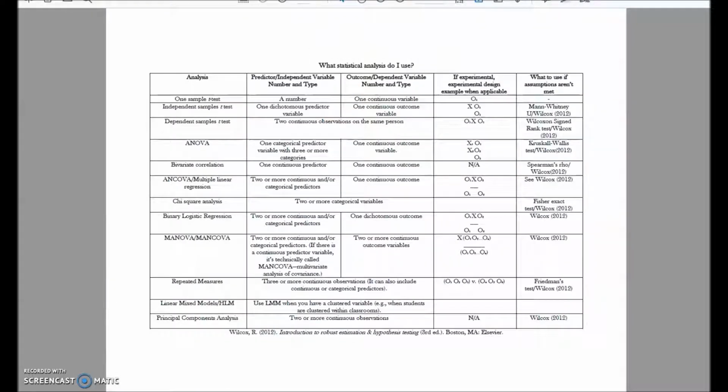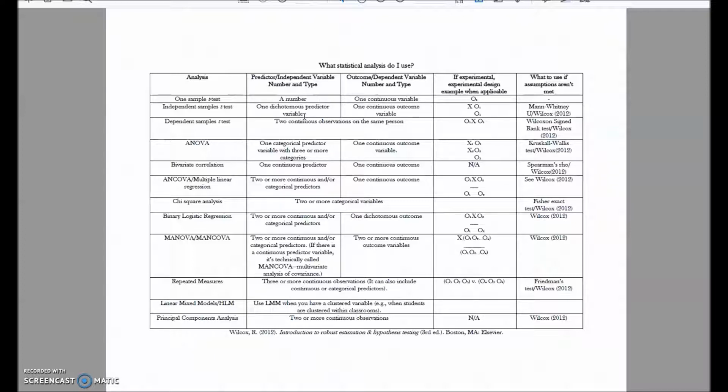So when you look at what analysis needs to be done, we should have one independent variable, which should be a dichotomous predictor, a nominal data set that has a dichotomous value. Why does it have a dichotomous value? Because it has two groups.